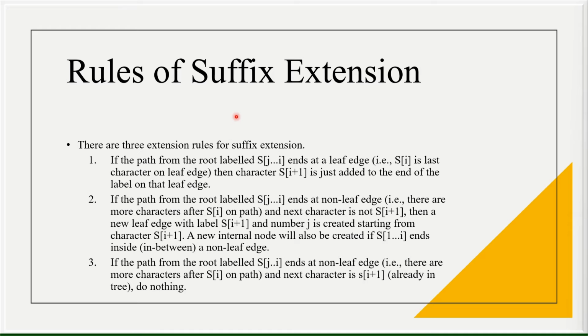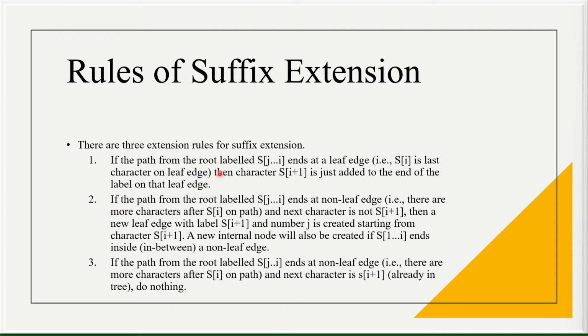So yeah, the rules of suffix extension. There are primarily 3 extension rules. The first is, if the path from the root labeled j to i ends at a leaf edge, then character s of i plus 1 is just added to the end of the label of that leaf edge.